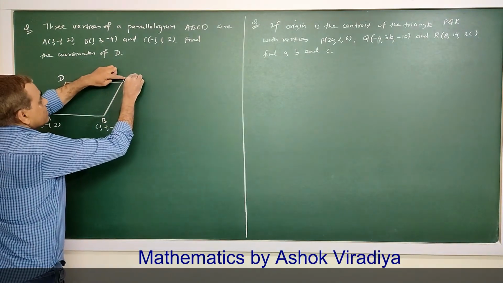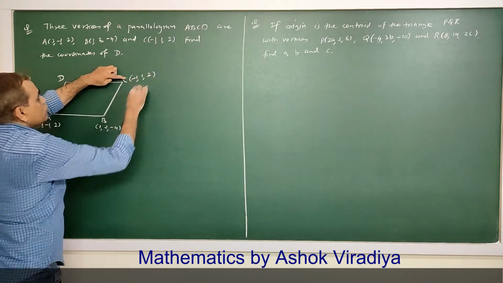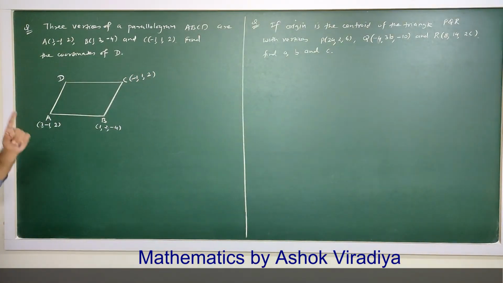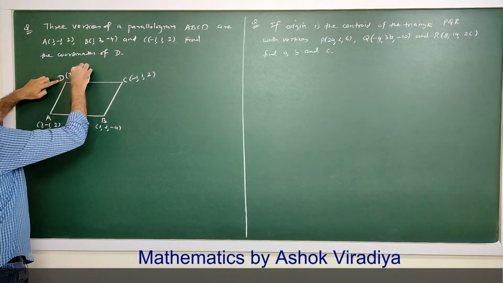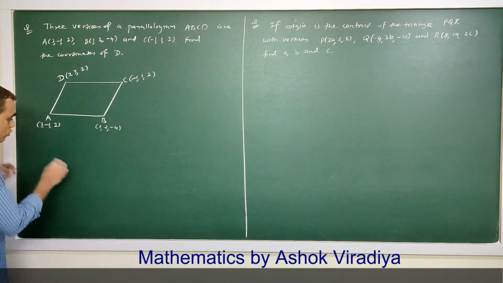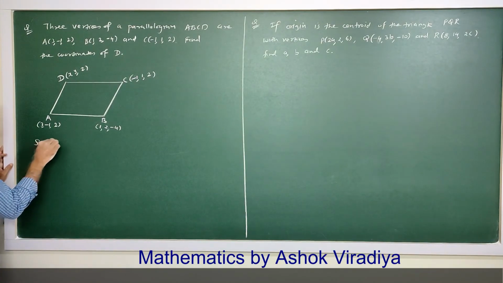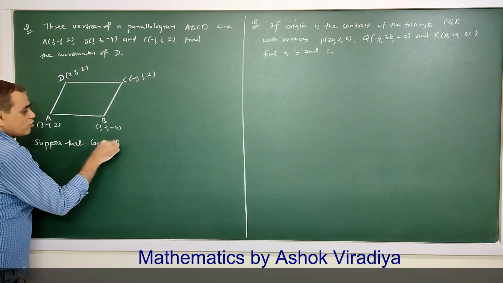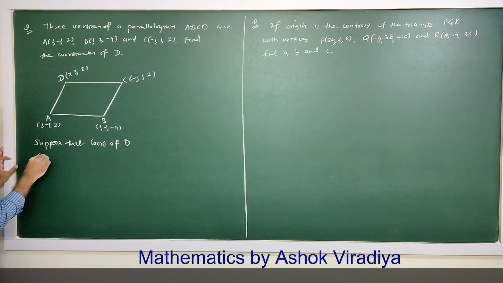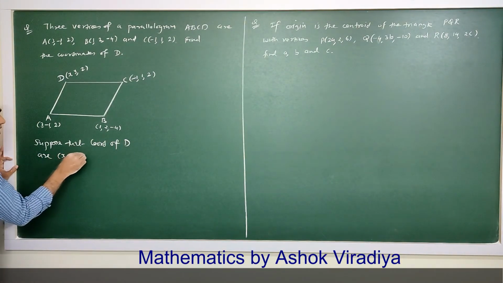Coordinates of C are minus 1, 1, 2. And we suppose that coordinates of D are x, y, z.